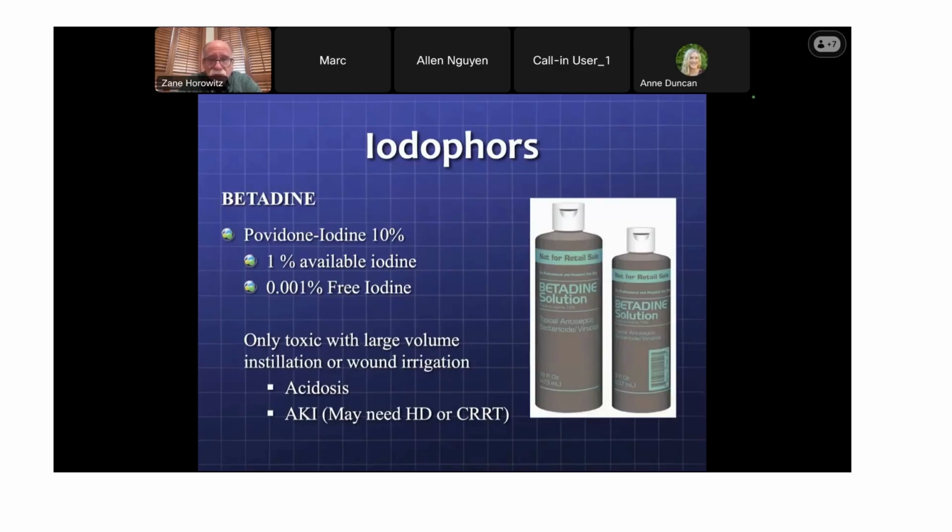It's only toxic if you drank a full bottle of this. They could develop acidosis and acute kidney injury. So in those rare occasions where someone, for self-harm reasons, drank an entire bottle of Betadine, you would follow renal function, pH, anion gap, and if they develop renal insufficiency, CRRT may be an option for them.